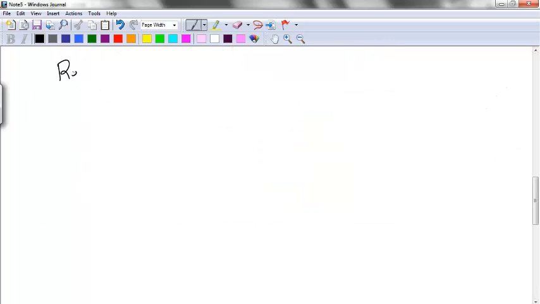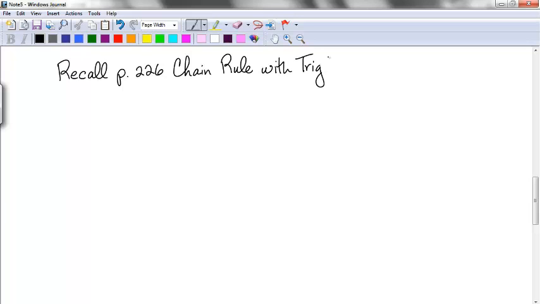You need to go back and recall, this goes way back to page 226 when we were doing the chain rule with trig functions. We figured the derivatives, and today we're going to go backwards.